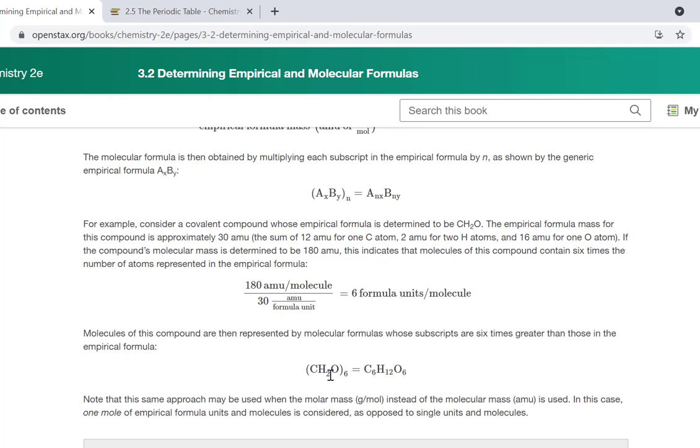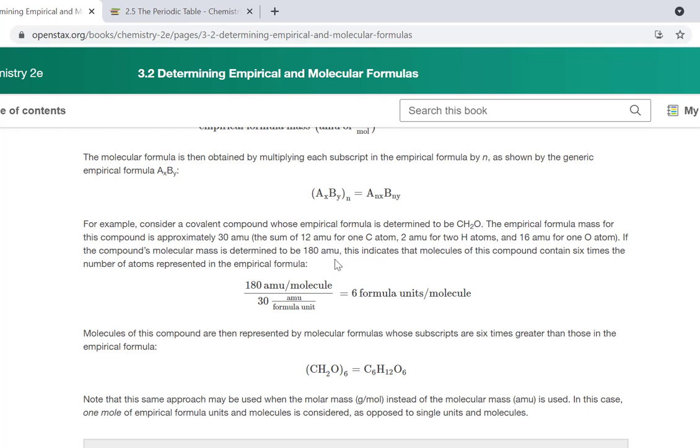So we can write it like this to help us figure it out. So CH2O, all of that in parentheses, and then subscript 6 outside of the parentheses. We multiply that through, we have C6H12O6. So this is how we find the molecular formula if we are provided with the empirical formula and the molecular mass.